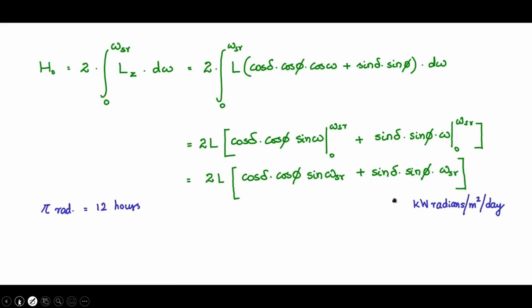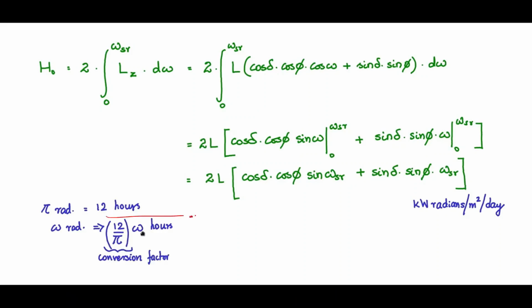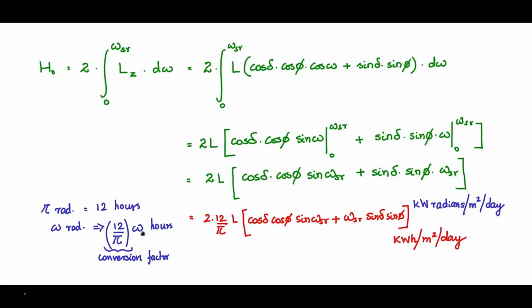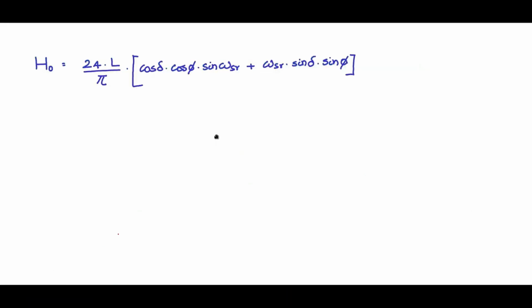For that I am using a conversion factor. If I multiply this to this expression, the units will become kilowatt hour per meter square per day, which is what we need. Okay, so let me multiply it. Now the units have been changed to kilowatt hour per meter square per day. So let me simplify this. That will be like this.